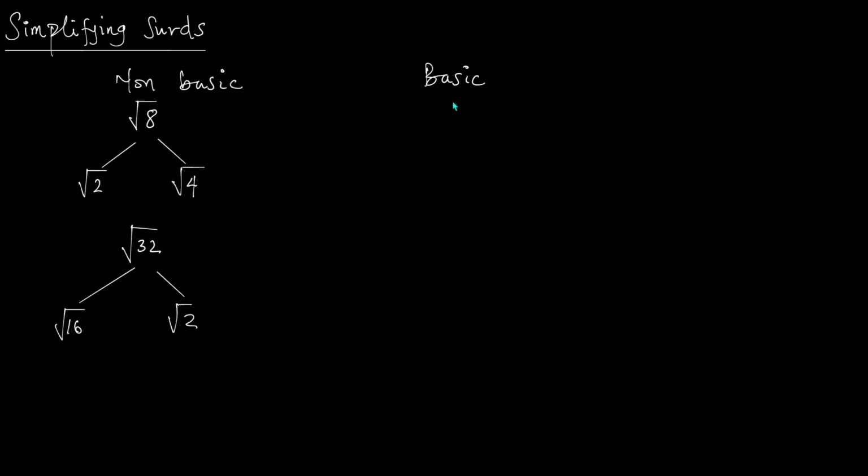On the basic side, we can have the square root of 7. There's no way you can split 7 up. The only thing you can do about 7 is the square root of 1 times the square root of 7, 7 being a prime number. Though you can argue that 1 is a perfect square, we are not considering 1 in this case.